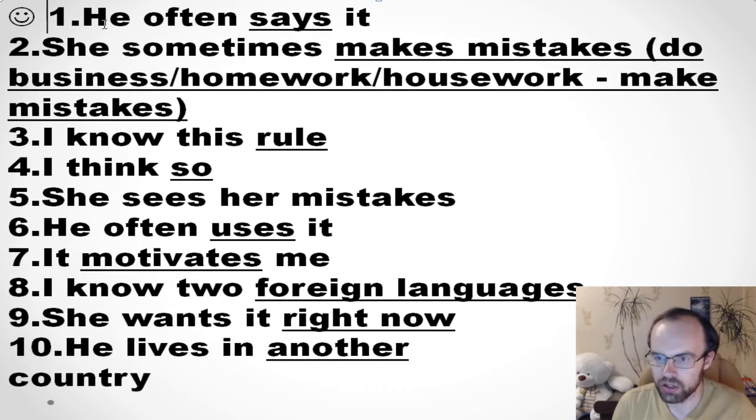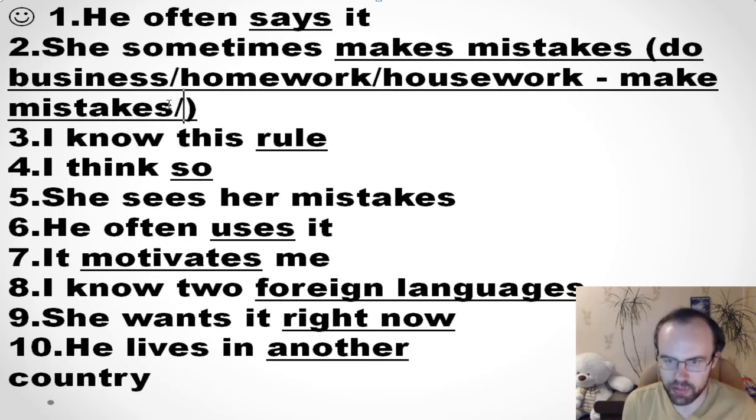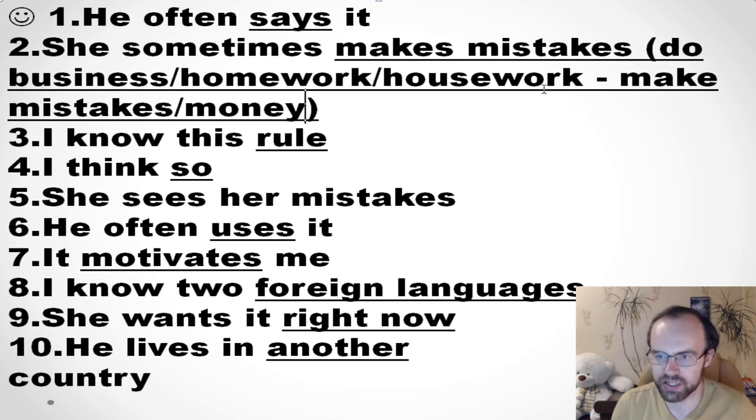Make money or do money? We say make money. Okay, please remember these phrases. So do business, do homework, do housework, but make mistakes, make money. Good.